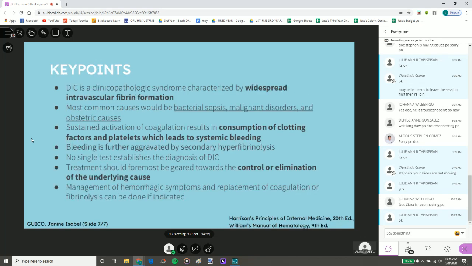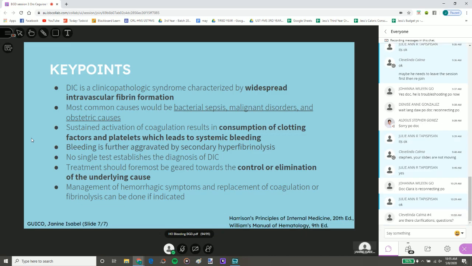So to end, here are the key points of our discussion. We learned that DIC is a clinical pathologic syndrome characterized by widespread intravascular fibrin formation. The most common causes would be bacterial sepsis, malignant disorders, and obstetric causes. The sustained activation of coagulation results in consumption of clotting factors and platelets, which leads to systemic bleeding, and this is what we observed in our patient.